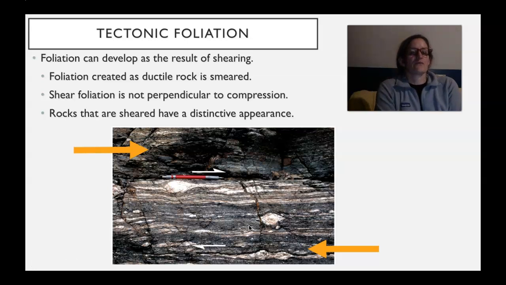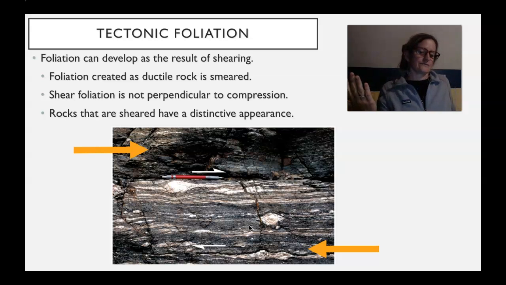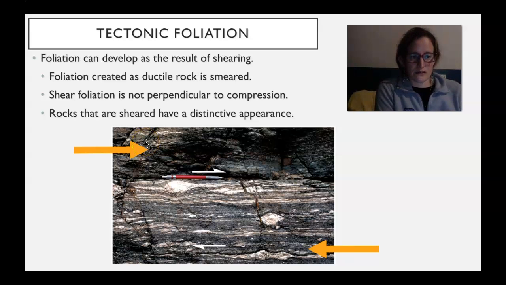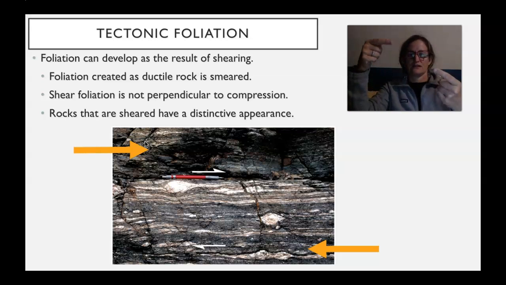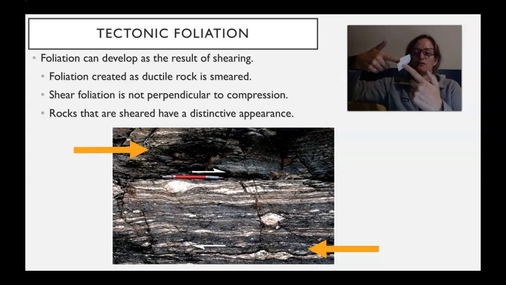Another ductile deformation is going to be tectonic foliation. So tectonic foliation is going to develop during shearing. Tectonic foliation is a little different than the metamorphic foliation that we talked about during our metamorphic rock lecture. In that metamorphic foliation, where you have directed pressure, the foliation lines up as platy minerals perpendicular to the compression.